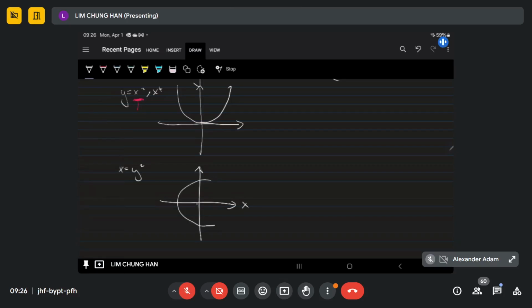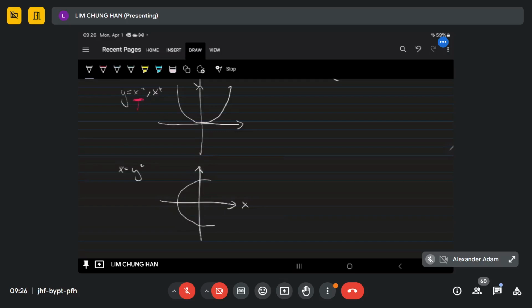Now, when you have C, whatever is happening on the top of the x-axis is exactly mirrored at the bottom, right? Yes or no? Whatever shape you have at the top is mirrored at the bottom.